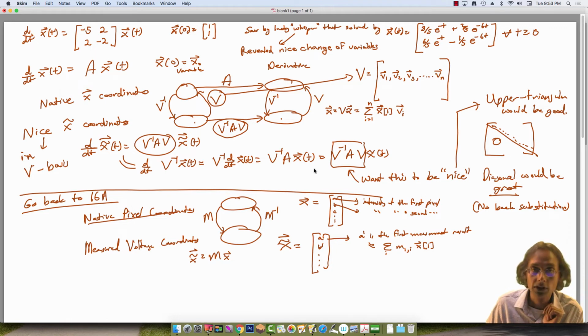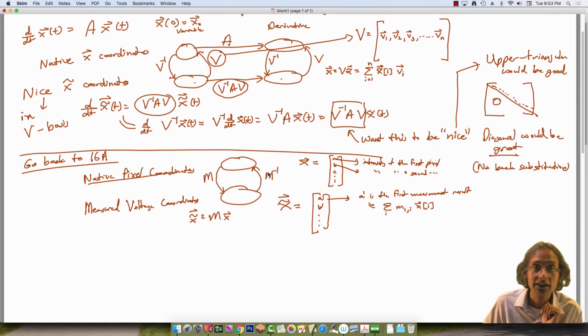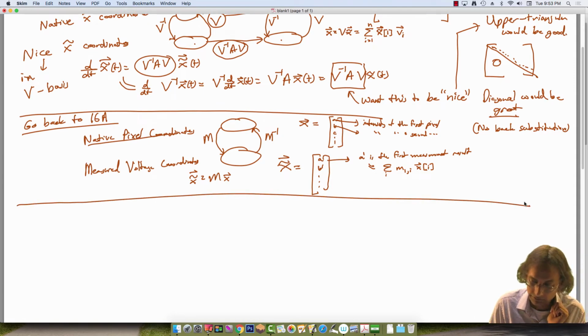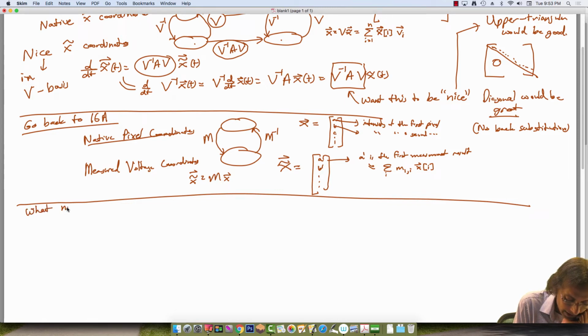For this, we have to think back to what we're looking for in this differential equation. What makes a basis nice?